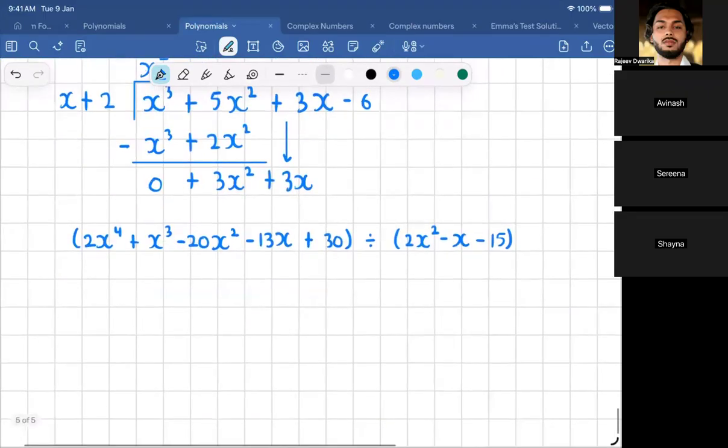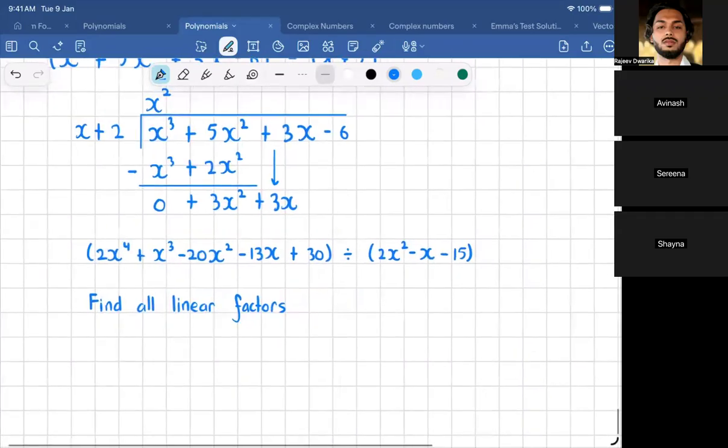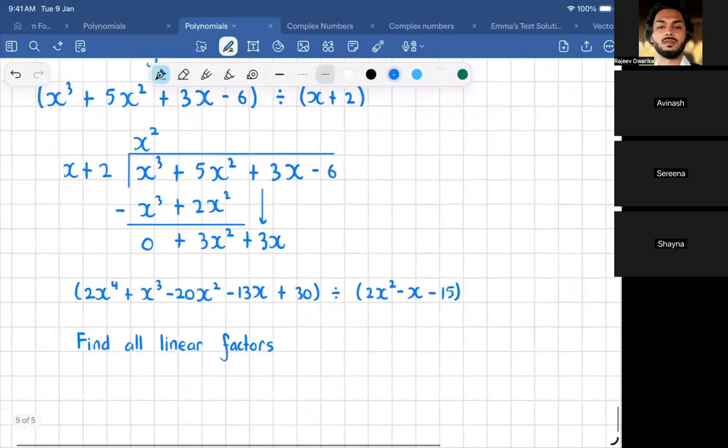Find all linear factors. So girls, you could try this question while I do that question with Avinash.